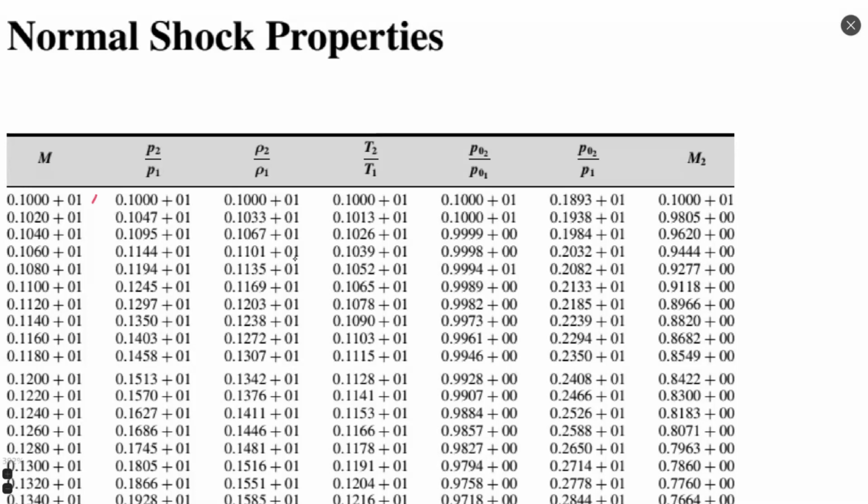This is Mach 1, where flow is still considered isentropic according to all relations, analytical functions. We can see that there is no drop of static pressure, no drop of density, no drop of temperature. The relation between them is always equal to 1.